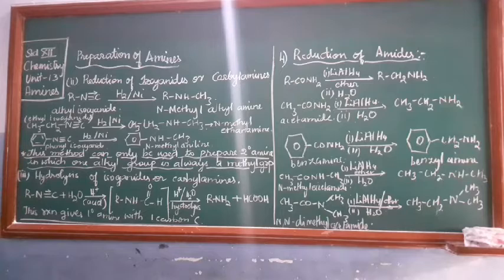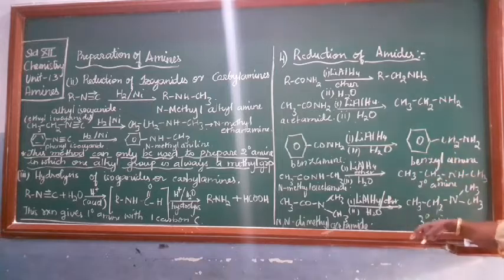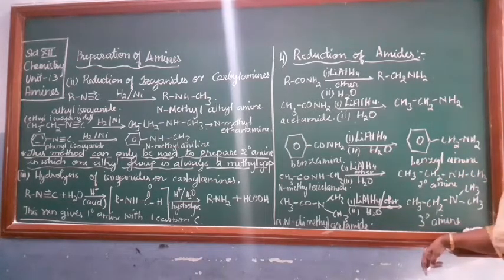So here you have a tertiary amine. Okay, so this is secondary amine, N-methyl ethanamide और यहाँ पे N,N-dimethyl ethanamide. ठीक है? So this is your tertiary amine. So you get different kind of amines, primary, secondary and tertiary amines by using the reduction of amides.